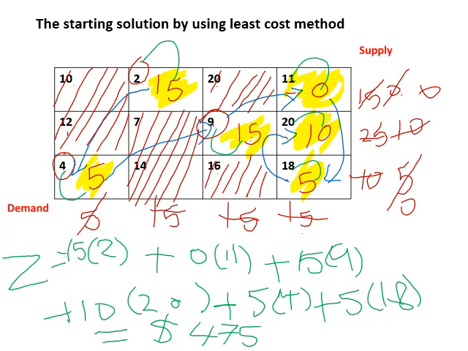$475. Note that the value of the starting solution by using least cost method is less than the value by using northwest method. So this means that using the least cost method is better than using the northwest corner method.